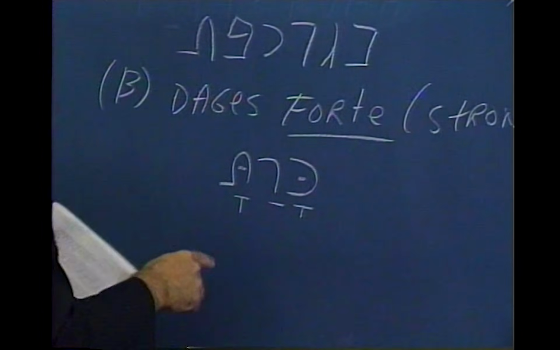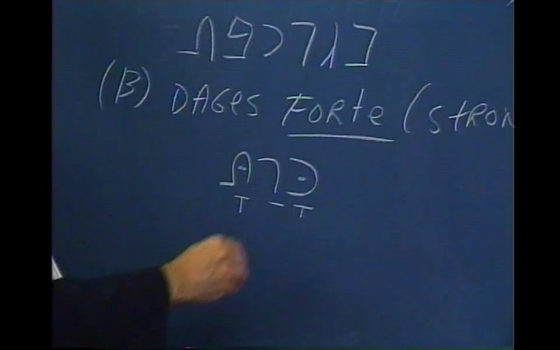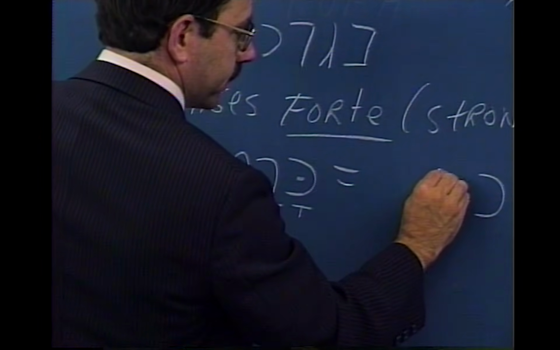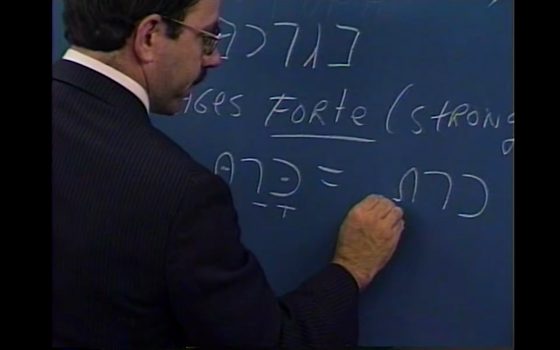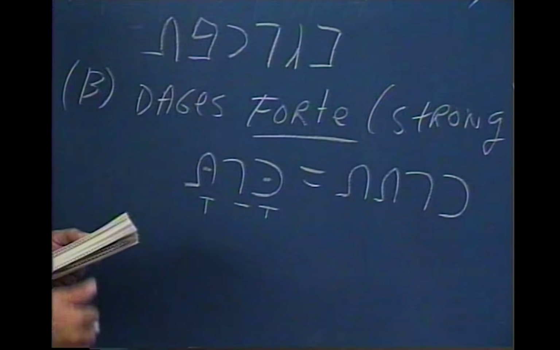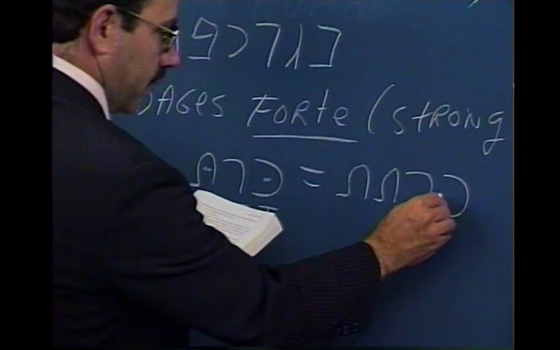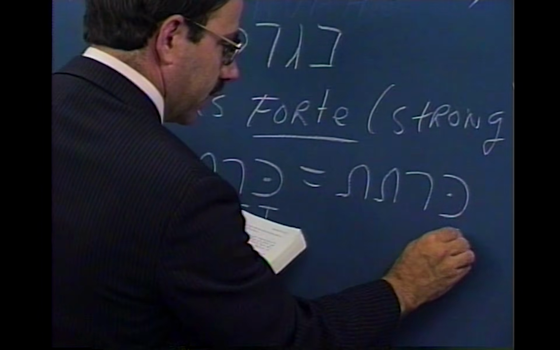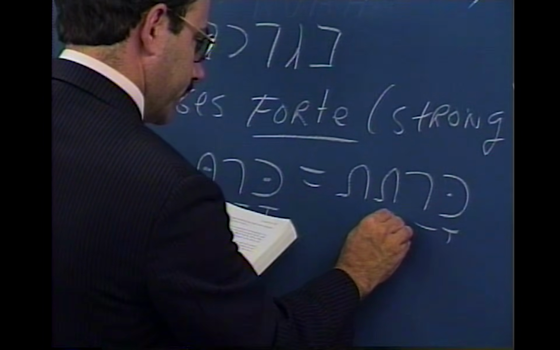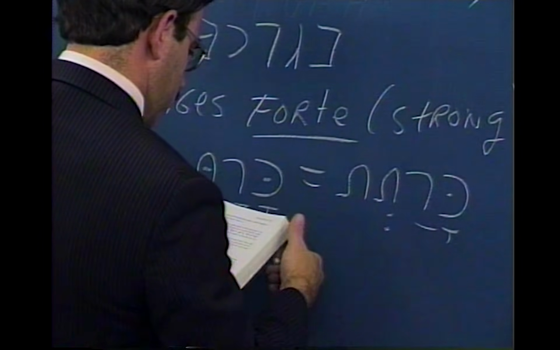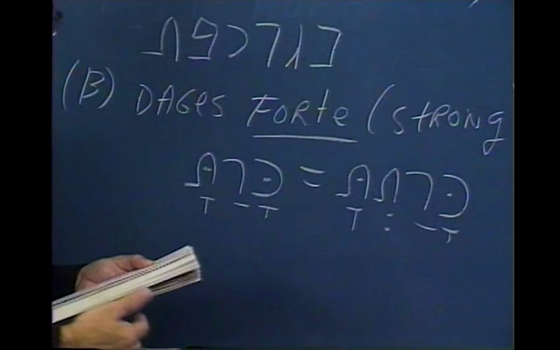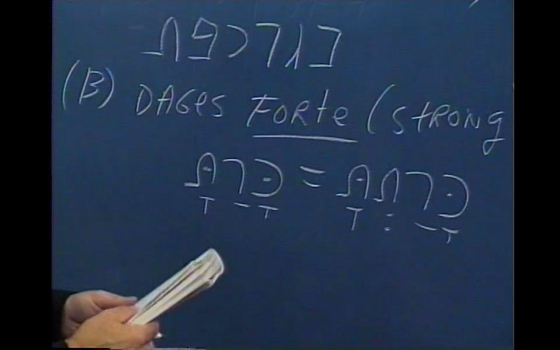And so what that really means is that the word is spelled like this, with two tavs at the end, and then it would be pointed accordingly. All right, as you see in the book there on page 35.